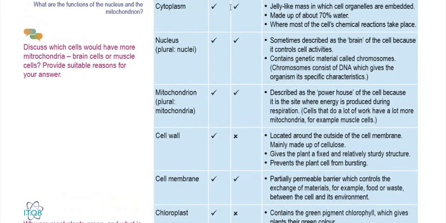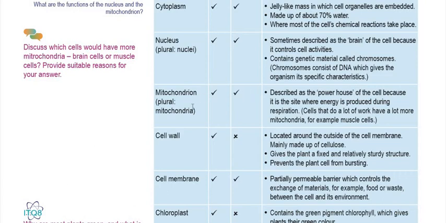Then we have the nucleus, sometimes described as the brain of the cell because it controls cell activities. It contains genetic material called chromosomes. Chromosomes consist of DNA which gives the organism its specific characteristics.